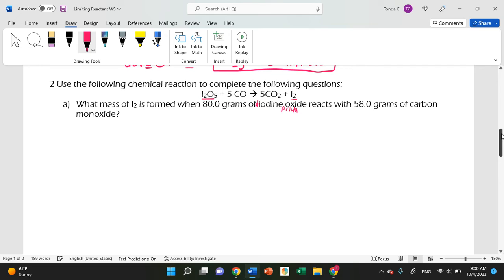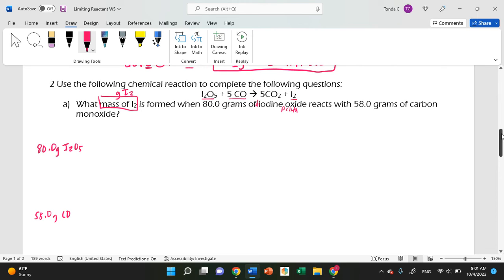So there's my two reactants, and we're going to start with both of those. It said I started with 80 grams of I2O5, and I'm also starting out with 58 grams of CO. Both of these need to go to the mass of I2, so I need to get to grams of I2 for both of these.